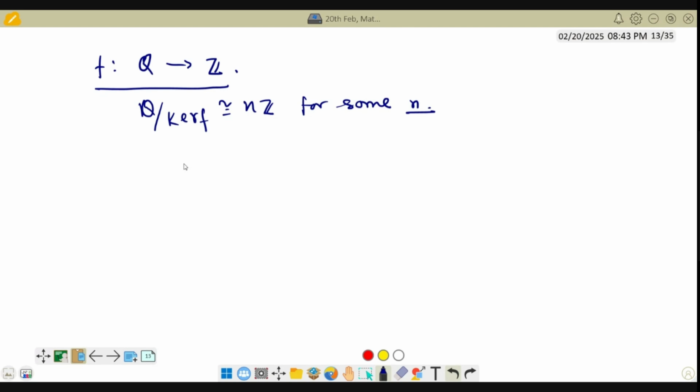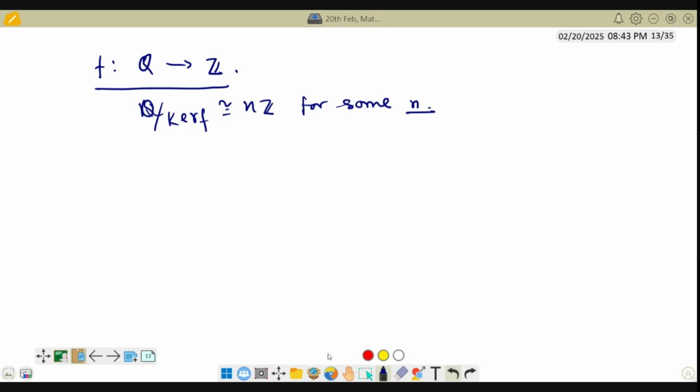So there will be some element going to this generator. Some element of Q by the kernel will go to n. Okay, I agree. So if we multiply this special element by any integer, then we should be exhausting all of nZ, the entire image.